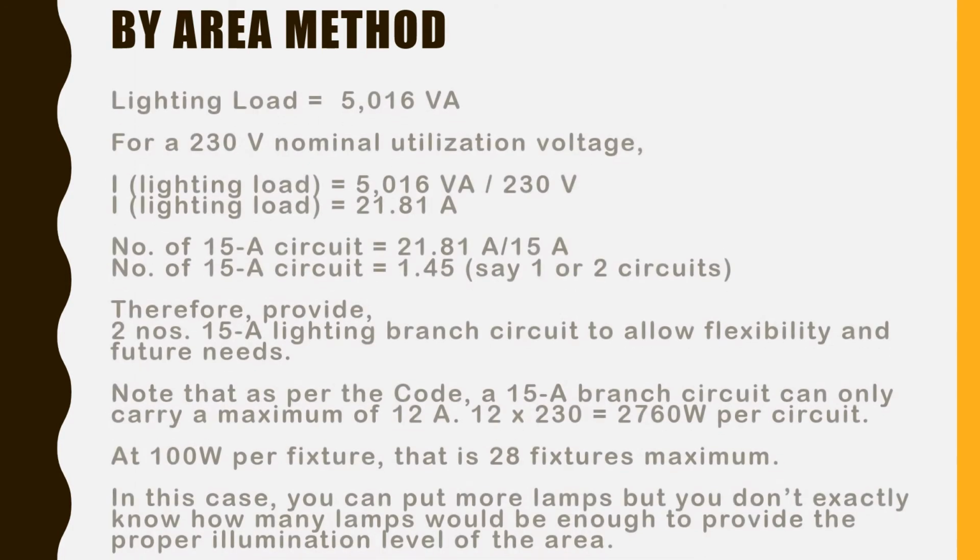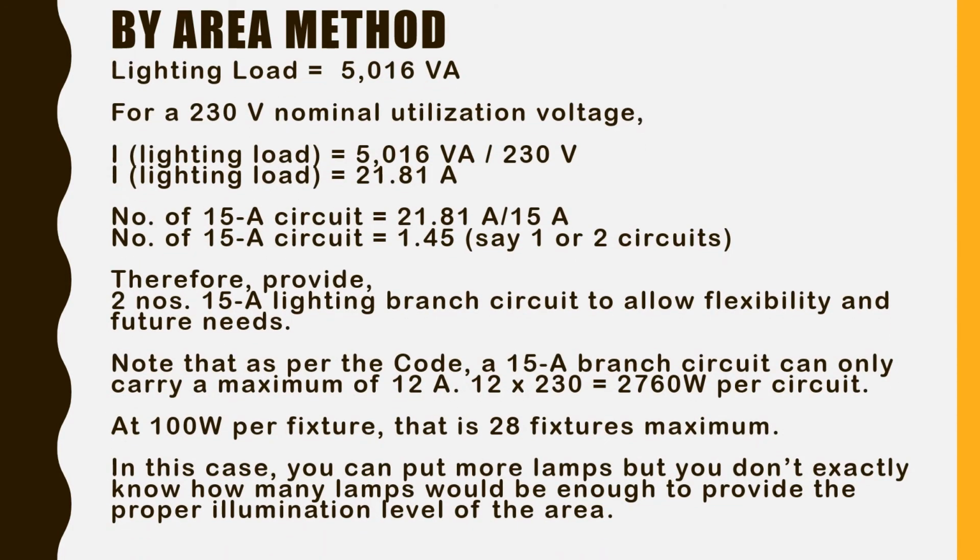So continuing with the area method, the lighting load as we have calculated is 5016 VA. For a 220 or 230 volts nominal utilization voltage, I for the lighting load is 5016 VA divided by 230 volts. So the current for the lighting load will be 21.81 amperes.